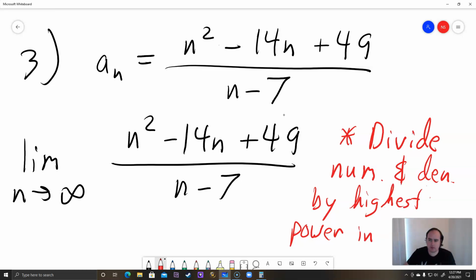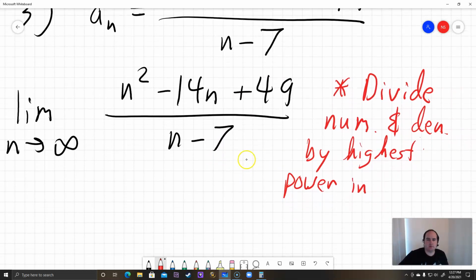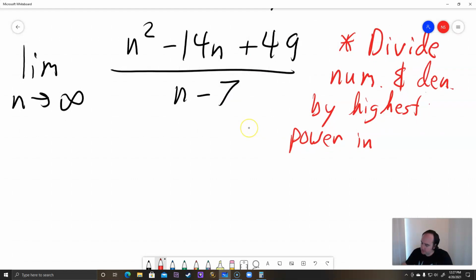That's just the same trick we did on the last problem. So what's the highest power in the denominator? Well, we can see that that's n.